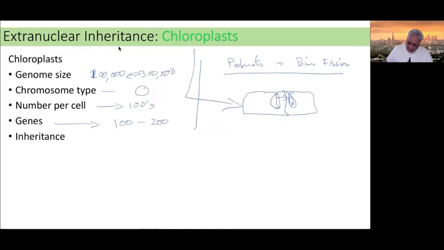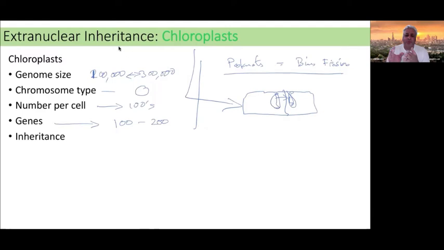The last thing is the way in which these organelles are inherited. So unlike chromosomes, which are sorted so that one daughter cell gets half and the other daughter cell gets half, but they're sorted evenly so that one of each chromosome 1 is separated.